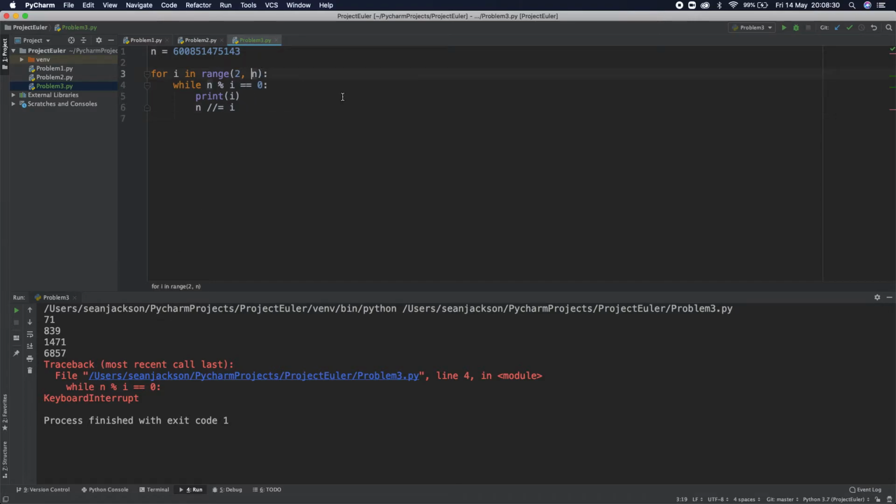Let's see. So maybe we only have to go up to the square root, because this is the thing with finding the prime factors of a number, is if you only go up to the square root, even if it's prime, for example, 25 is 5 squared and 5's prime.